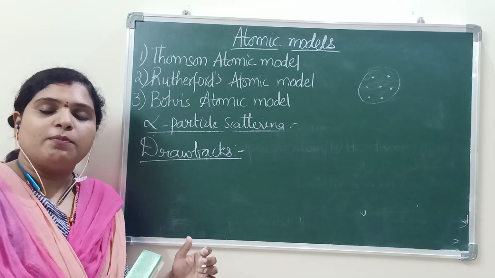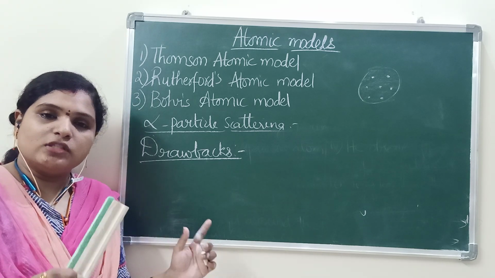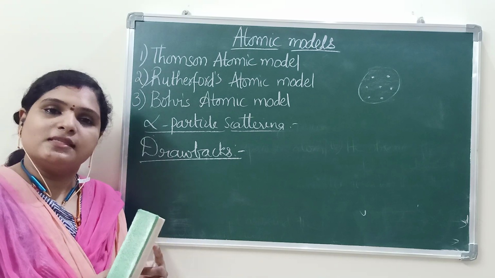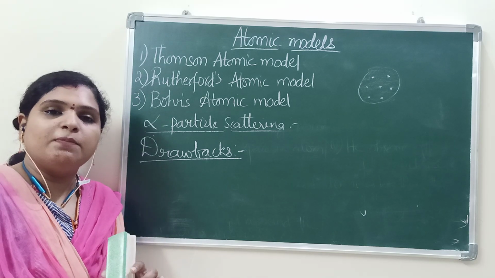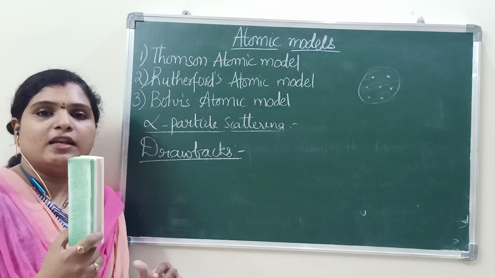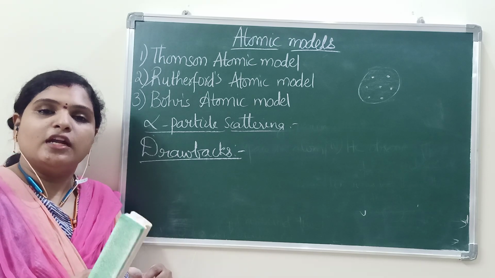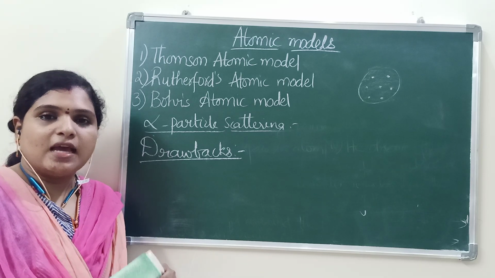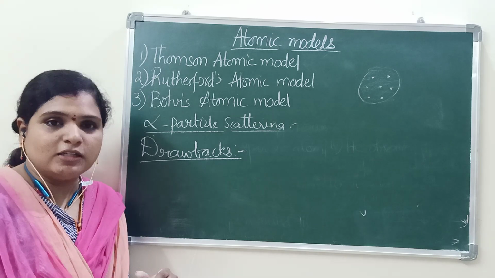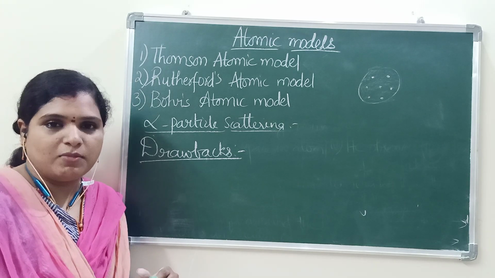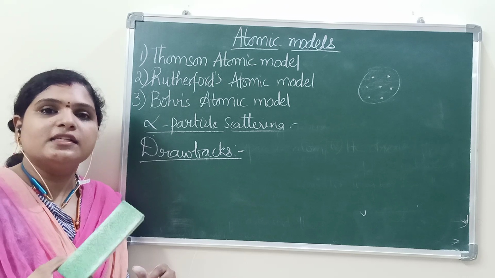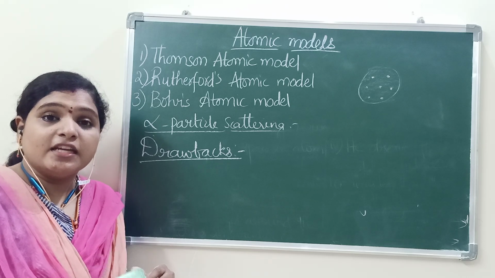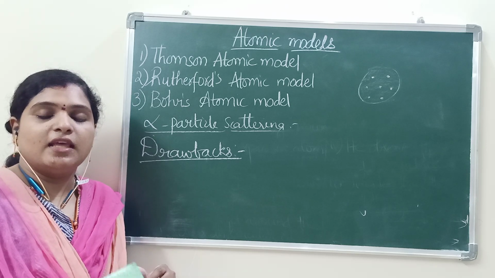What he proposed is that electrons will revolve around the nucleus in circular orbits. If any particle is continuously moving in a circle, it will accelerate. If it accelerates, as it is a charged particle, it will radiate some energy. If the radiation is continuous, then what will happen?